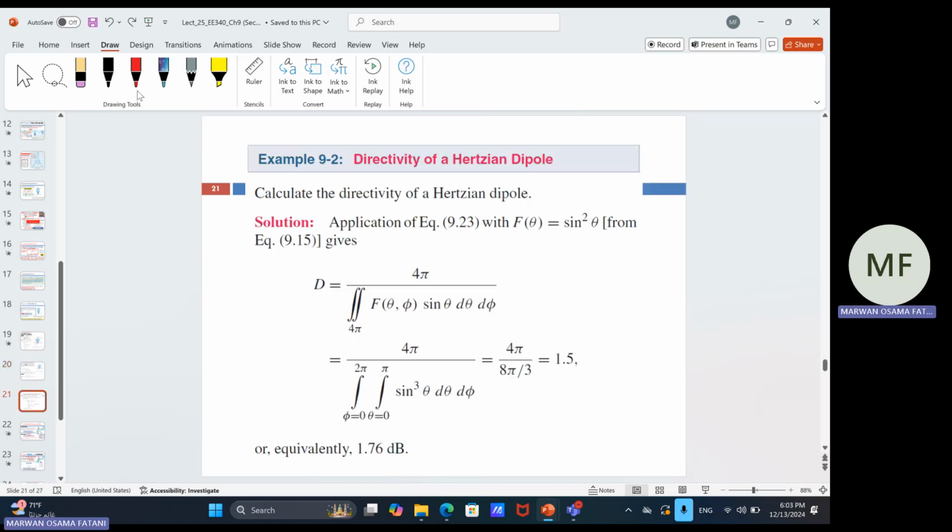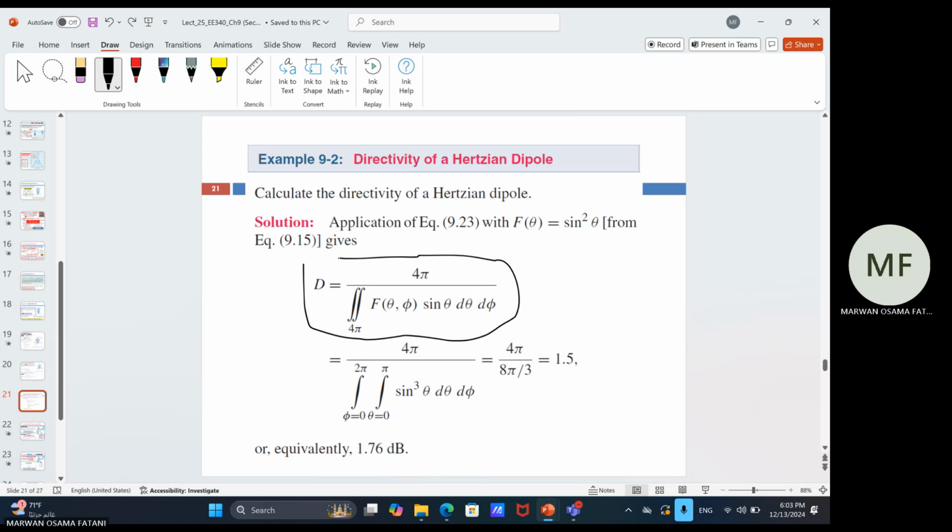Now, solving example 9.2, which is the directivity of a Hertzian dipole, we can calculate the directivity of a Hertzian dipole using our equation 9.23, and that equation 9.23 is just this one right over here. Now substituting f theta equal to sine squared, this goes inside here, and we have another formula.